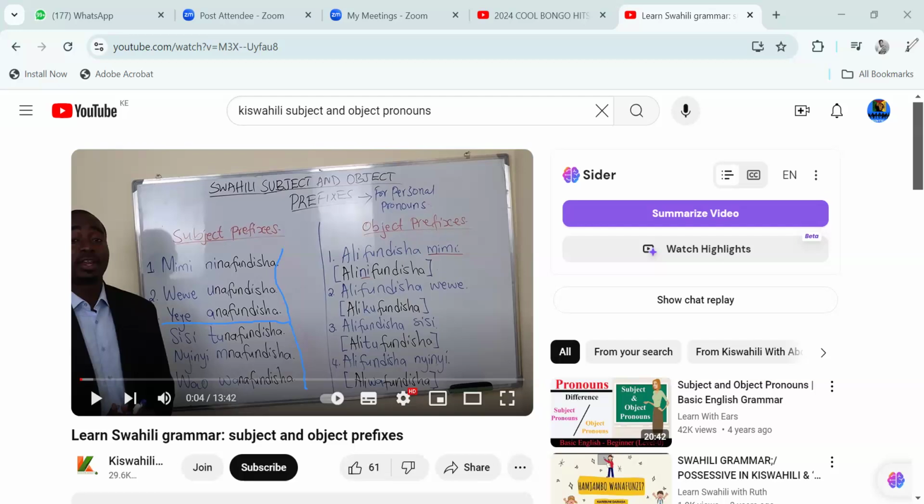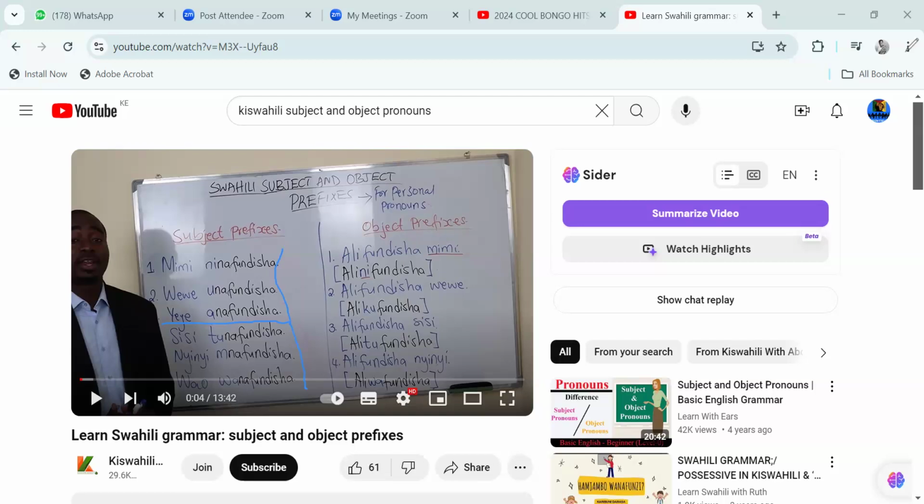I want us to go to the object part. For the subject, realize that the pronoun comes first before the verb, which is fundisha. Now for this object, it means that the pronoun comes last, not first.